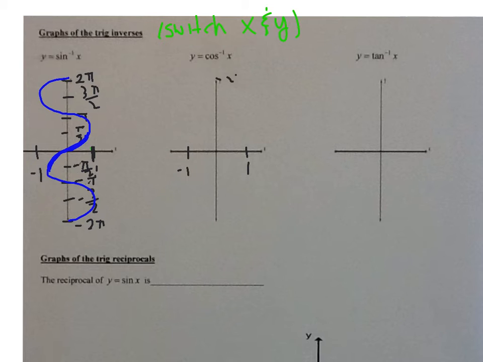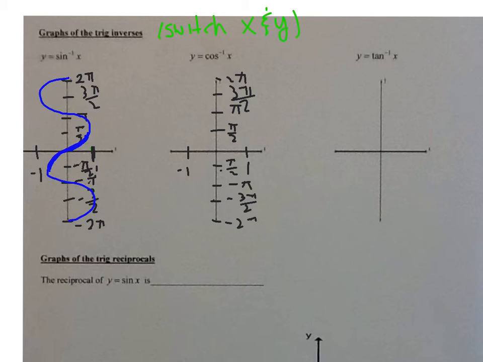And I have 2 pi, negative 2 pi here, negative pi, pi, pi over 2, negative pi over 2, negative 3 pi over 2, and 3 pi over 2.